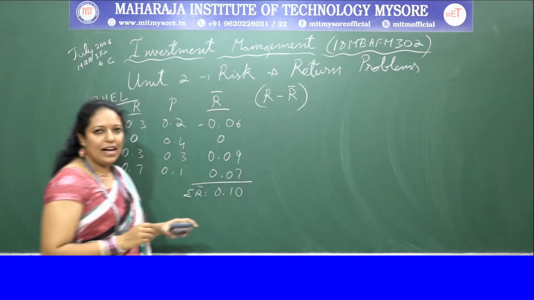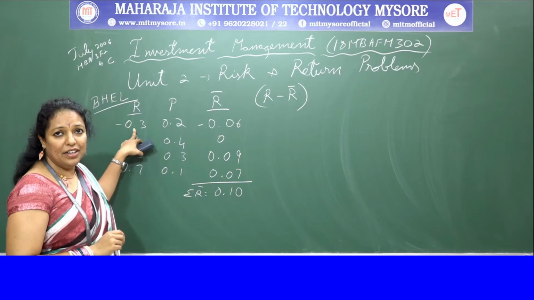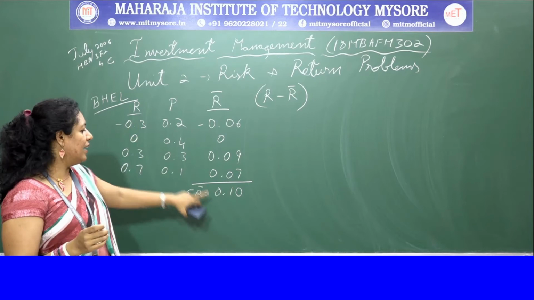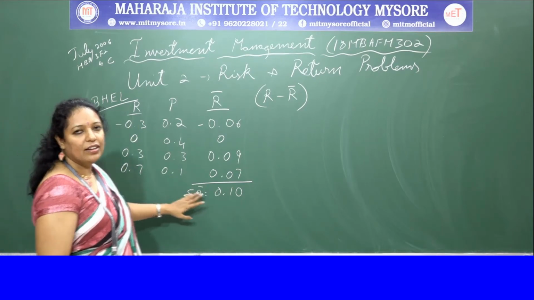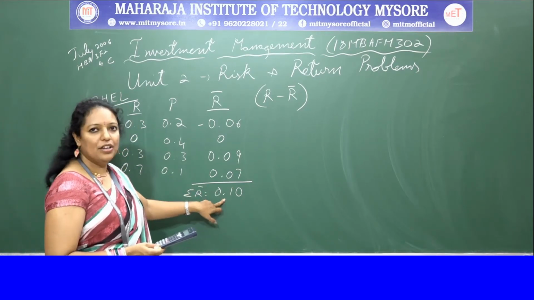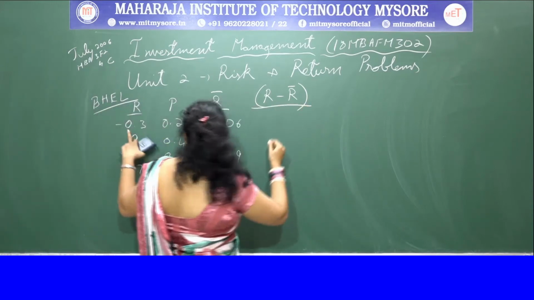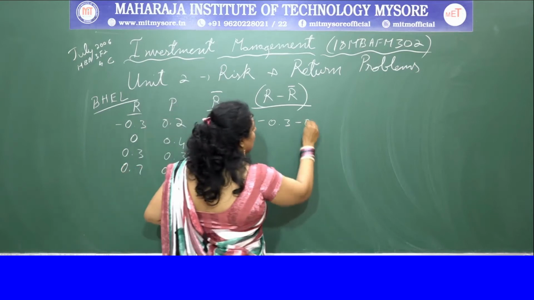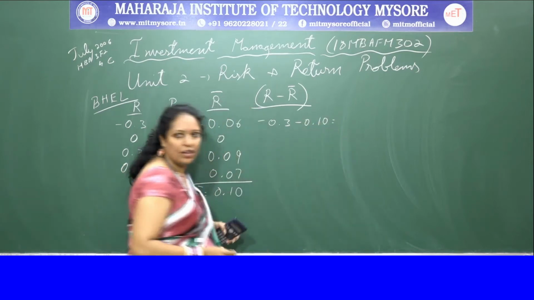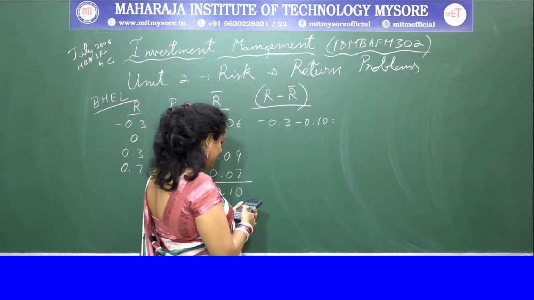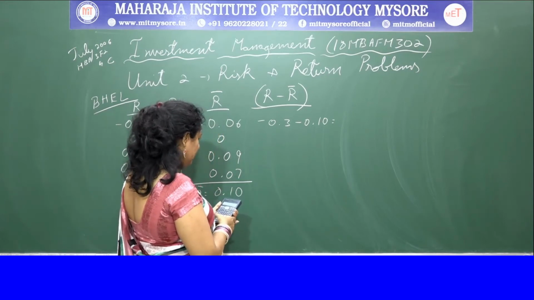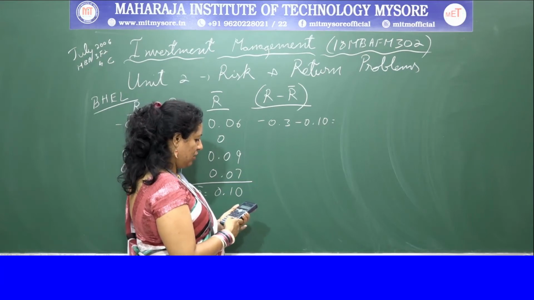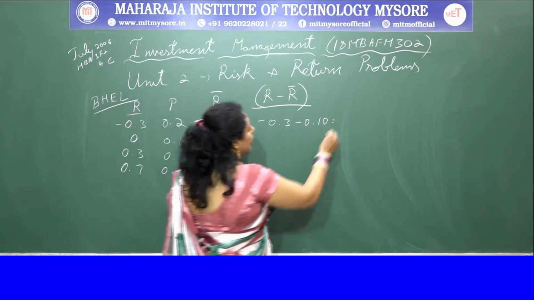Here R is the return which is quoted in the problem, and you get the R bar which is here, so you have to subtract that. So first we'll take minus 0.3 minus 0.10. So you get minus 0.4.